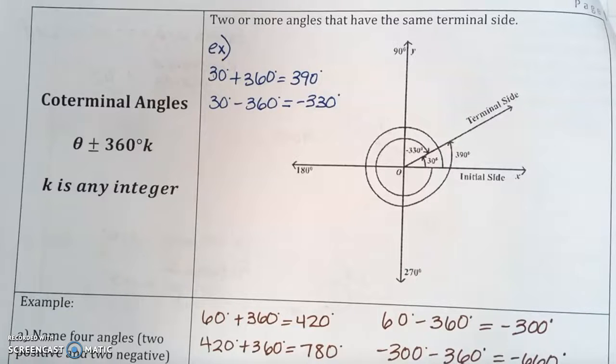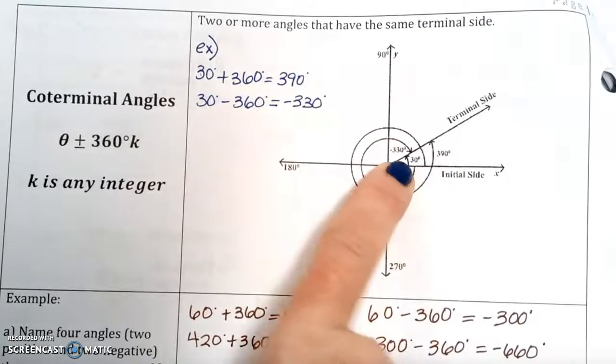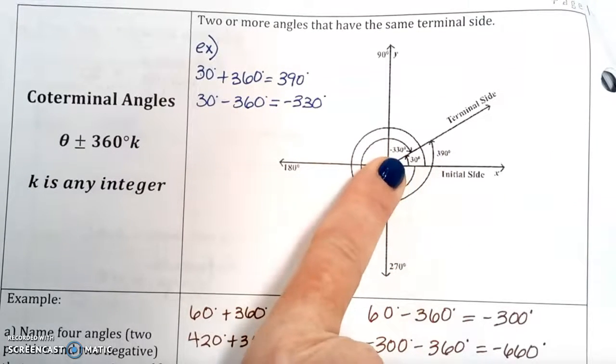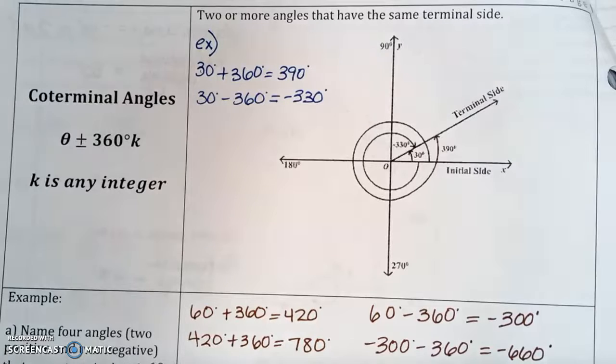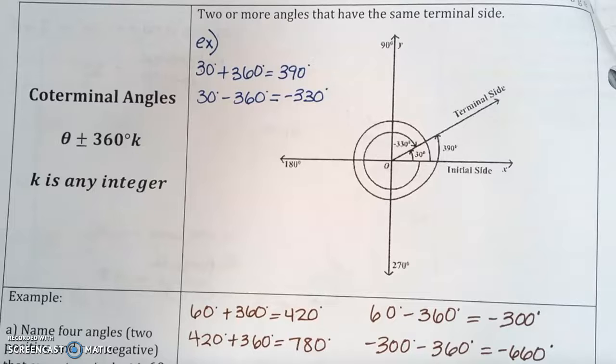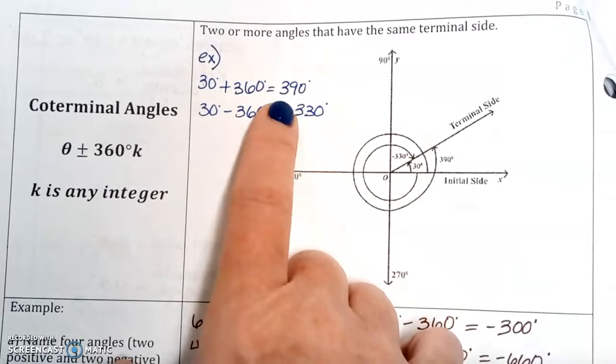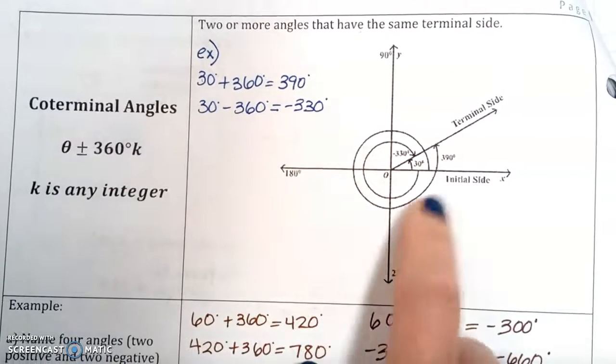Okay, so coterminal angles are two or more angles that have the same terminal side. If we have this angle right here in quadrant 1, it is 30 degrees. If they say, give me 2 angles that have this same terminal side, you can either add 360 and get an angle of 390, which is this one.